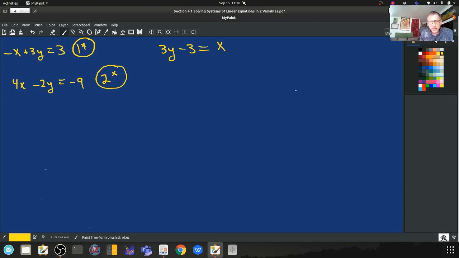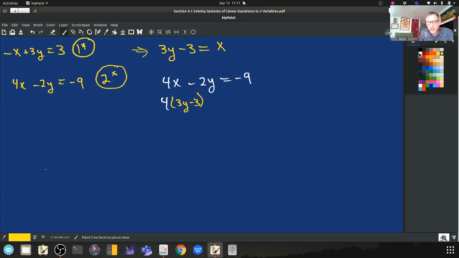So now I'm going to come down here, and I'm going to look at 4x minus 2y is equal to minus 9. But x is equal to 3y minus 3. How do I know that? It's literally staring me in the face right here.